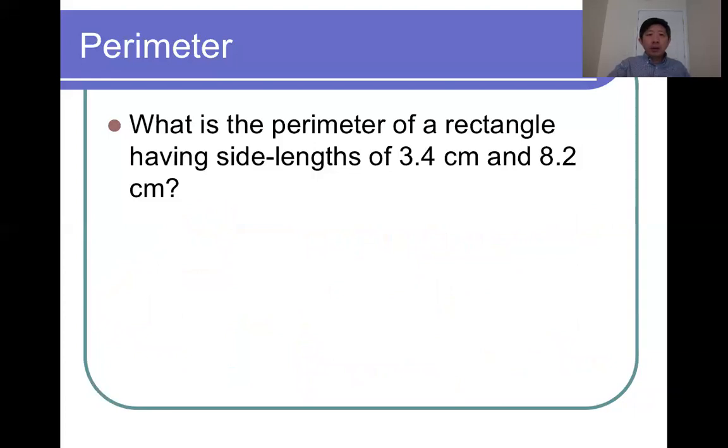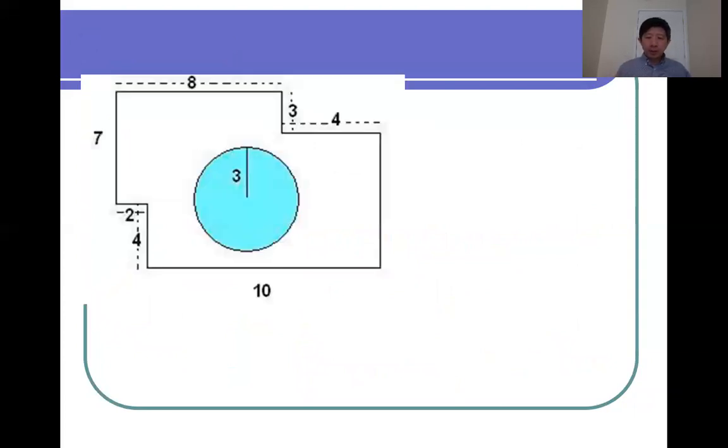All right, now let's take a look at finding the shaded region of this problem, okay? First of all, I want to find out what the perimeter is.